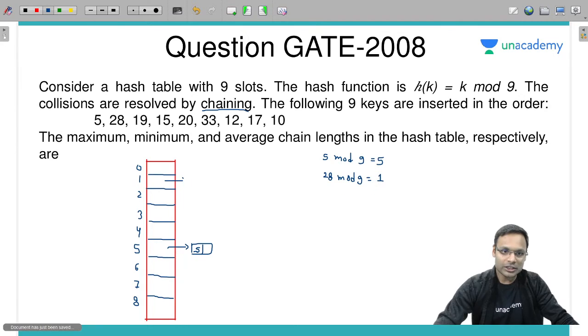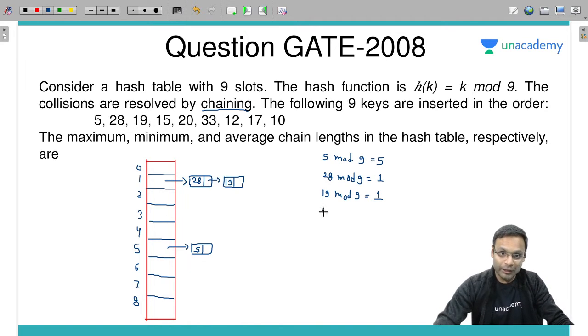So at location 1 you will have a chain starting and 28 will be inserted here. Next 19 mod 9, how much? 1, 18 plus 1, so 19 is also inserted here.